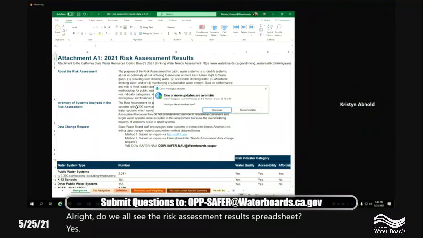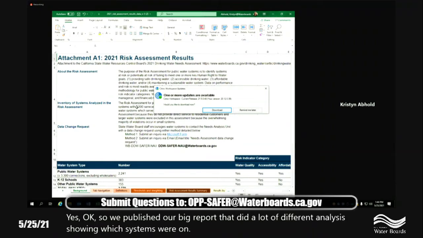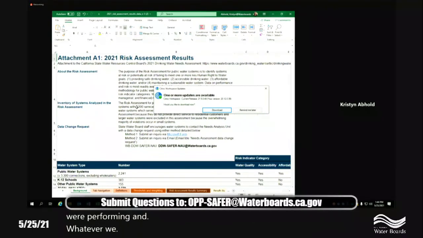Okay. So, we published our big report that did a lot of different analysis showing how systems across the state were performing. We have a list of our currently at-risk systems posted on our website in this spreadsheet.